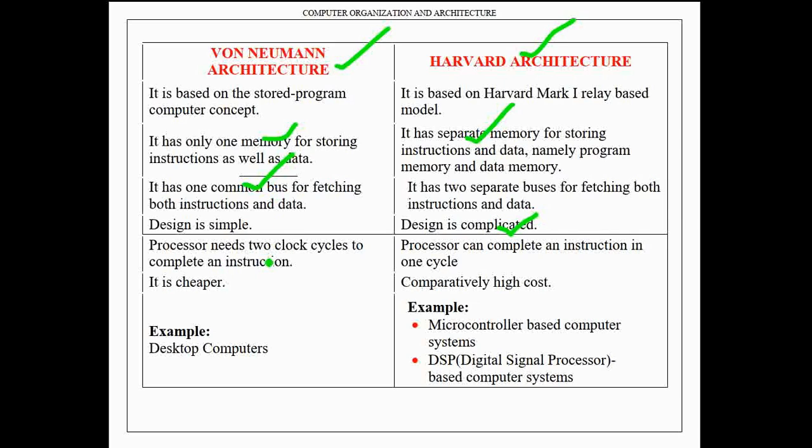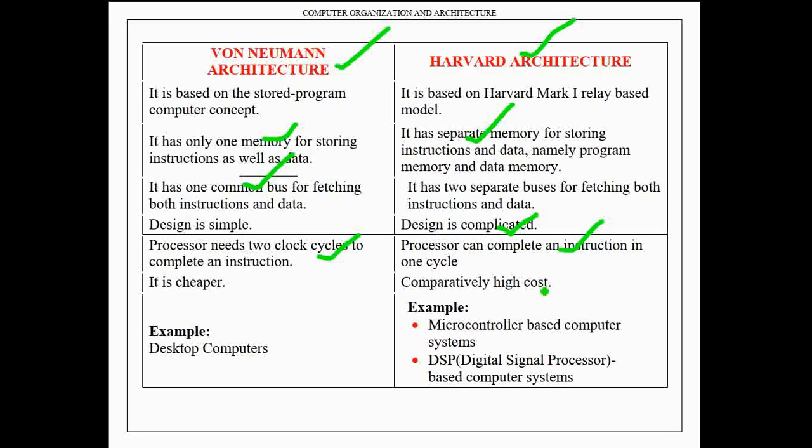In von Neumann architecture, a processor needs 2 clock cycles to complete an instruction, whereas in Harvard architecture, the processor can complete an instruction in 1 clock cycle. In von Neumann architecture, since it uses only one memory and one common bus, its cost is cheaper.